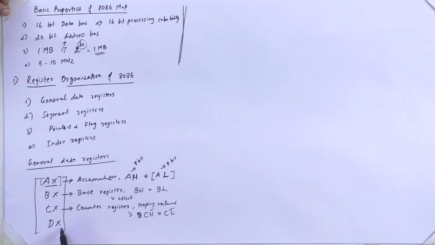And the last one, DX, refers to data register, and this is used for storing any implicit operand values, and it's also divided into higher order register DH and lower order register DL.